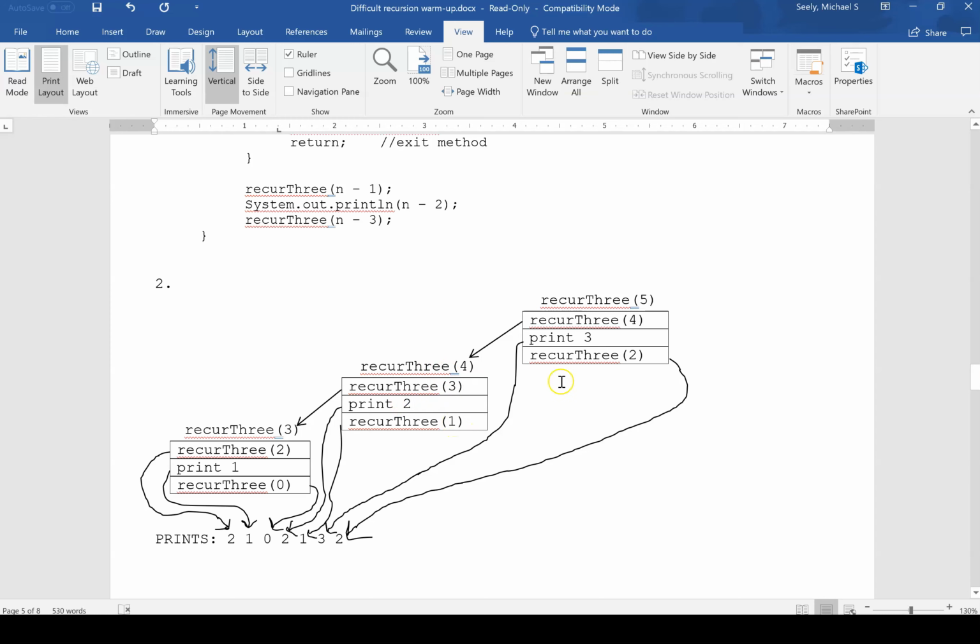Okay, we've got this int weirder, where we've got an r and an s that are ints that are passed in. If r is equal to 0 or s, then we return 1, else we do weirder, which is r minus 1 comma s, plus r minus 1 comma s minus 1.